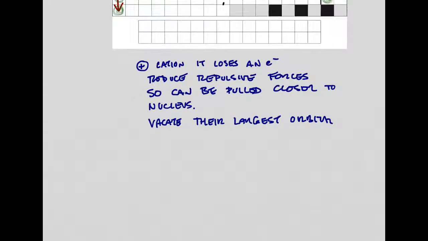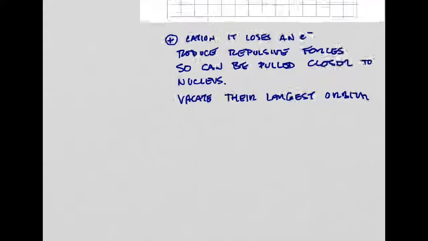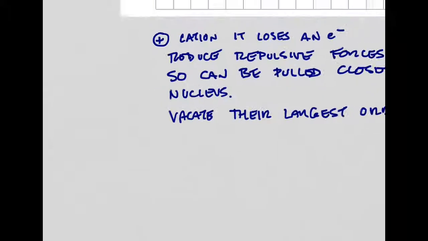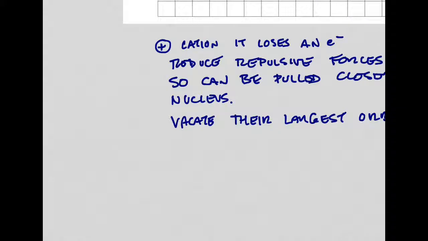So the combination of those two things, reducing the repulsive forces and vacating your largest orbital, is really going to make this thing shrink tremendously. All right? Now, let's take it from the perspective of an anion. So if we have a negatively charged, I really should have done the blue as the negative and the red as the positive, but oh well.